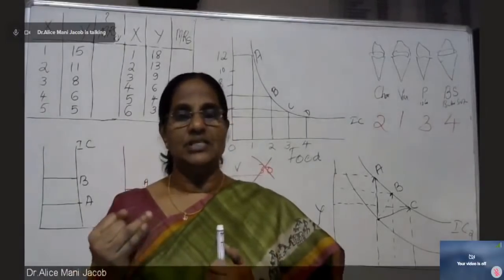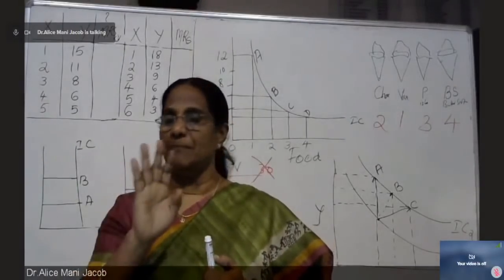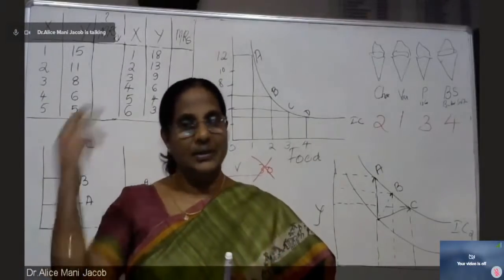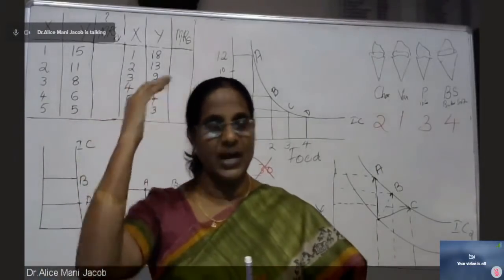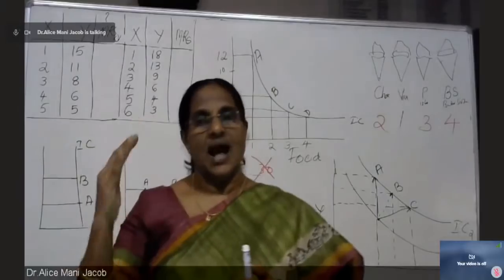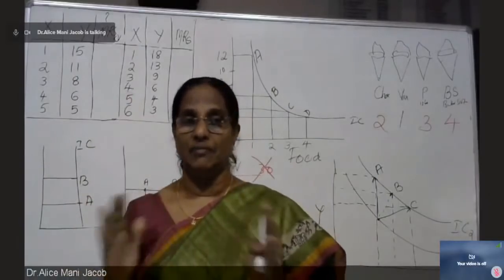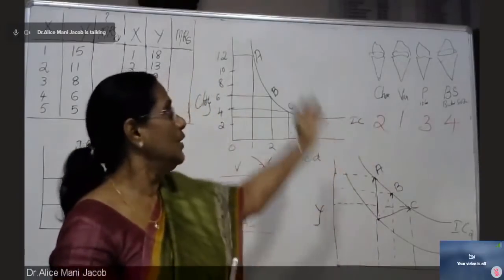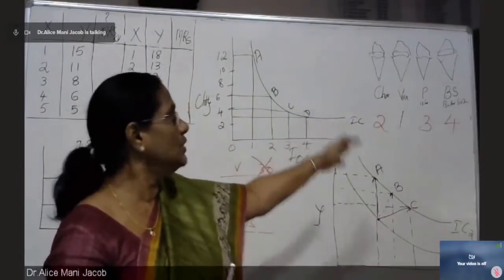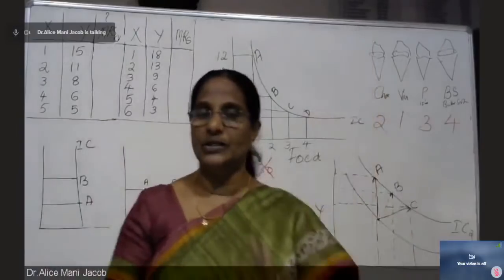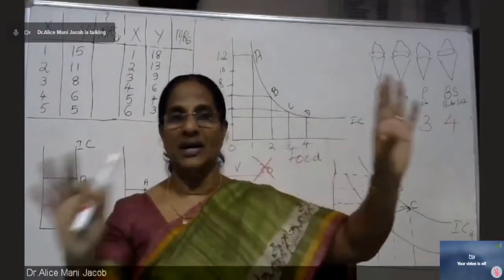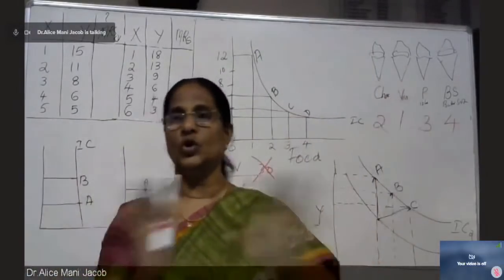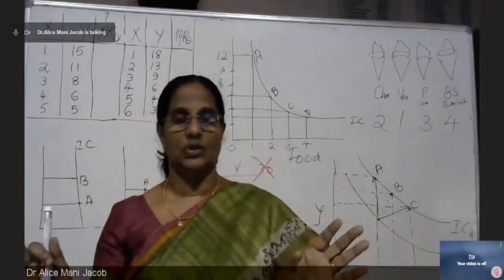Then the second assumption that we have is people are rational. They apply reason, okay, and they have full information. For example, you have tasted vanilla, you have tasted chocolate, you know the taste of pista, and you know all the benefits of all the ice creams. You know the prices of all ice creams, okay?